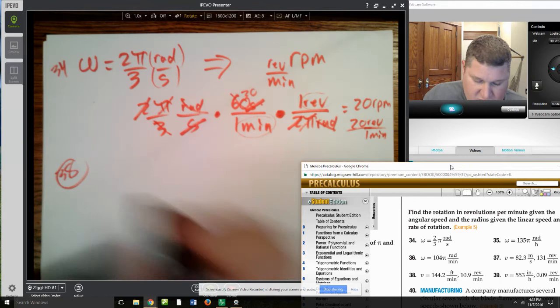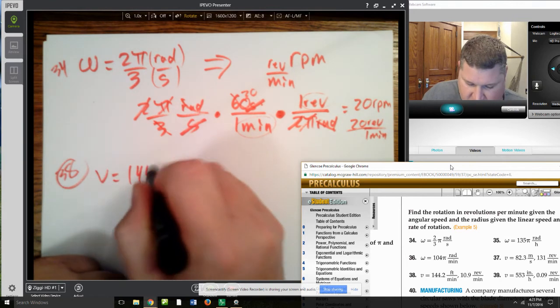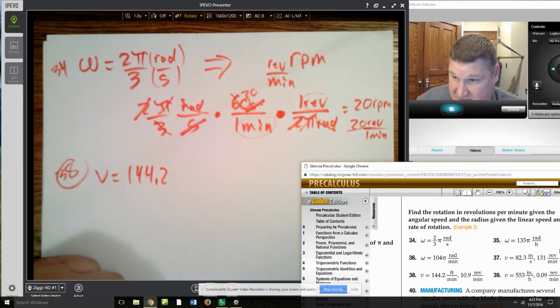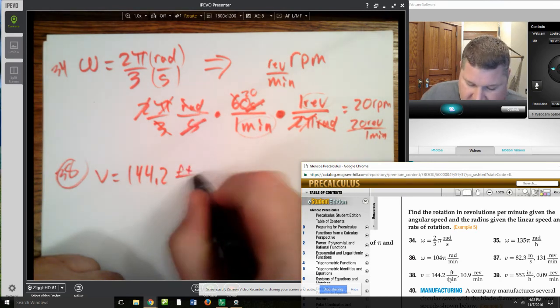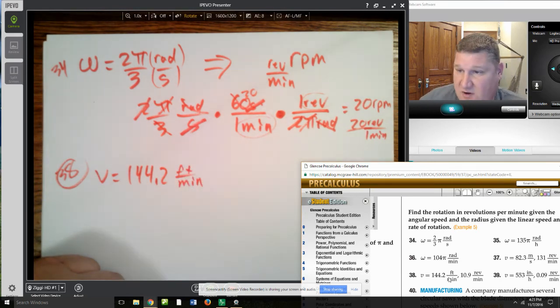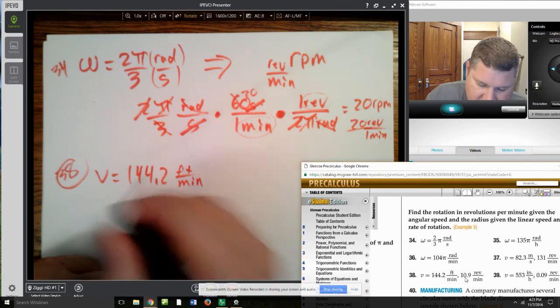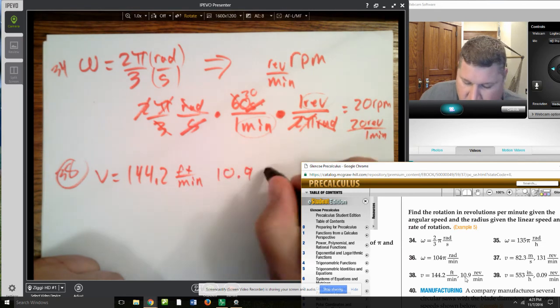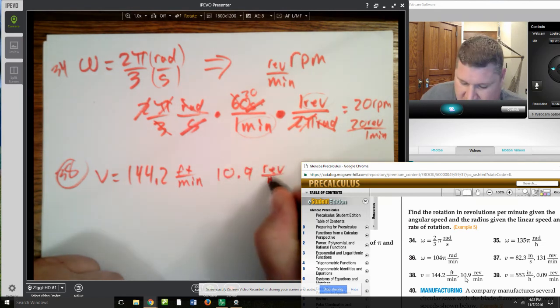On 38, we're given V equals 144.2, but again, look at the units down here: feet per minute. We also are given 10.9 revolutions per minute.